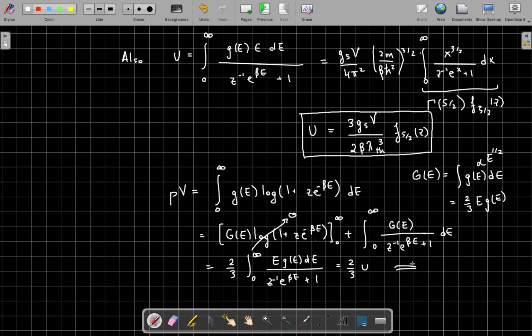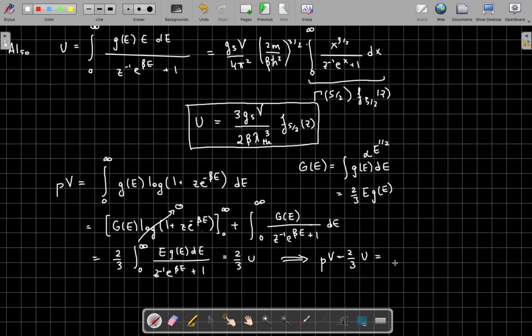So 2/3 of U. Okay, so we found that PV is equal to 2/3 of U, and so we can use this and get this written as, well, it's nice because the fractions cancel out, GSV over 2 beta thermal wavelength cubed f of 5/2 Z. Nice.